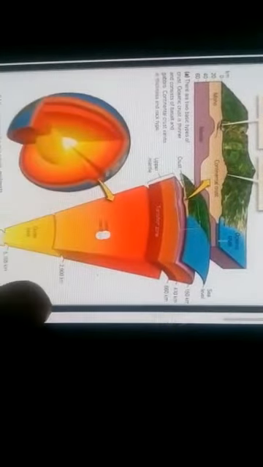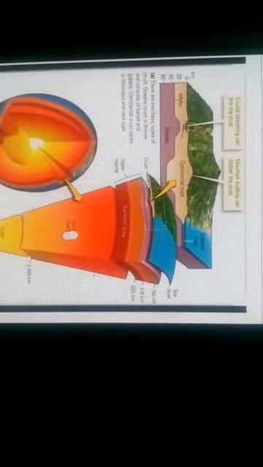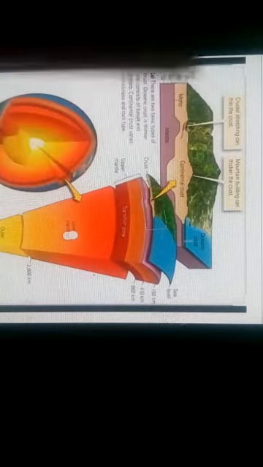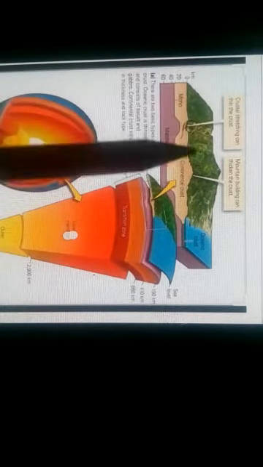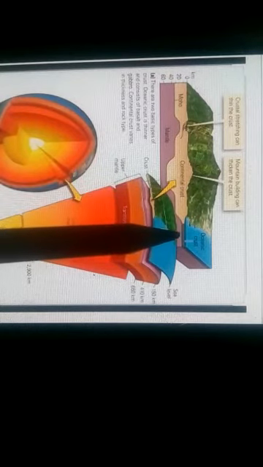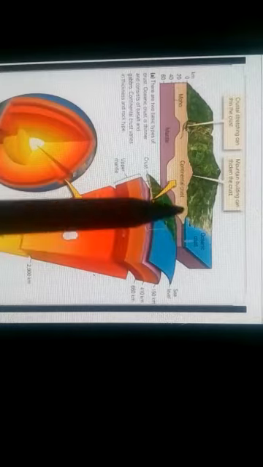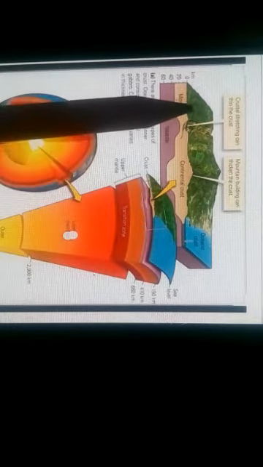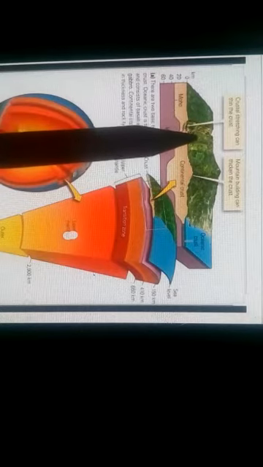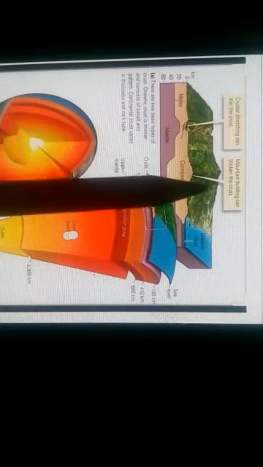Here we can see the entire structure of the interior of the earth. This is the upper diagram of the earth's surface. Oceanic crust, continental crust. When there is an activity of stretching, this causes thinning of the crust, and mountain building can thicken the crust.